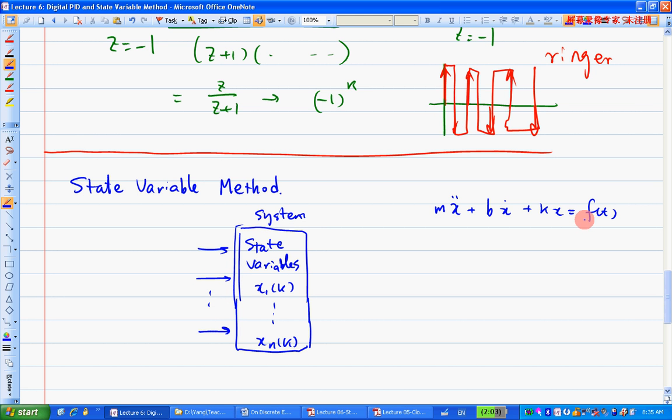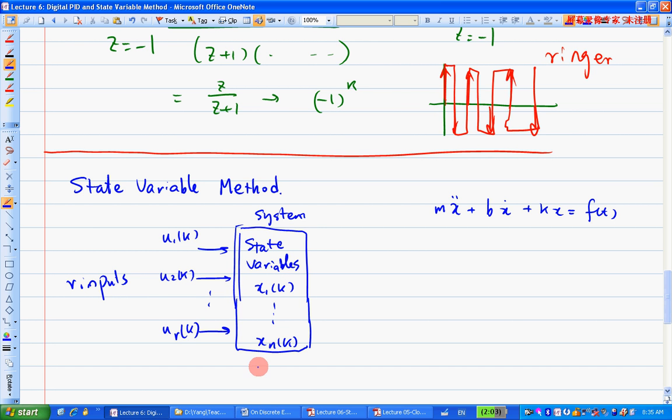This is a single input, single output here, but in general you may have multiple inputs: the first input is u1 of k, u2, and up to ur of k. And there are n number of states.